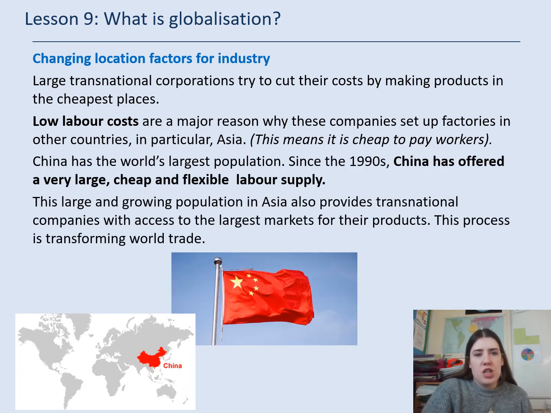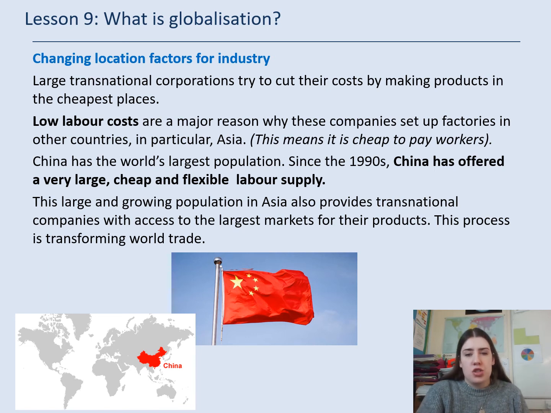So, changing location of factories for industry. A lot of these transnational corporations do move their factories, and a lot of that is because of cost. In some places you will find that there is cheaper labor, so cheaper workers, you don't have to pay them as much.